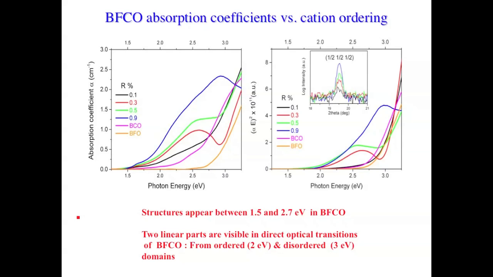And if we plot the direct optical transition in this film, you can see that there are two linear slopes. For the 2 eV one, the origin comes from the ordered part of BFCO, and the 3 eV one, which is close to the native absorption properties, is due to the disordered part of BFCO.